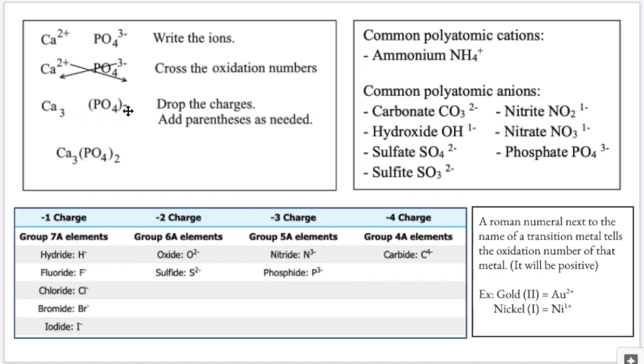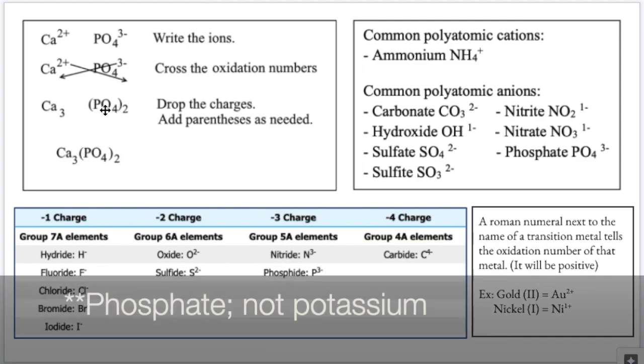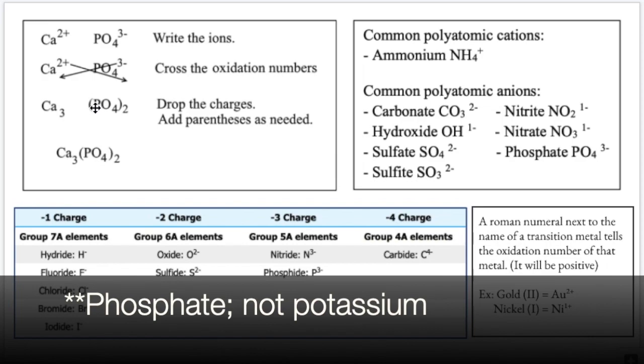The reason why parentheses are important is that if we were just to put the 2 next to the 4, first off, it would look like we had 42 oxygens. And also, we need to make sure that this 2 is distributed to the whole compound.